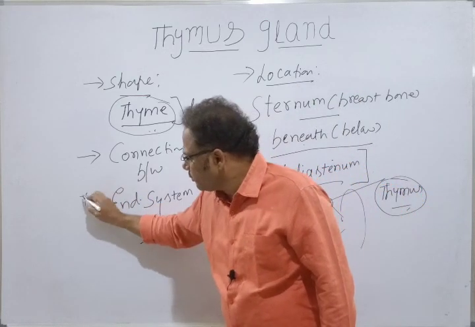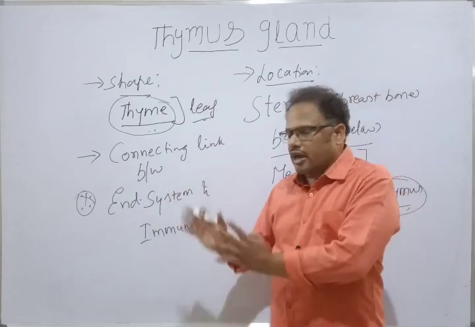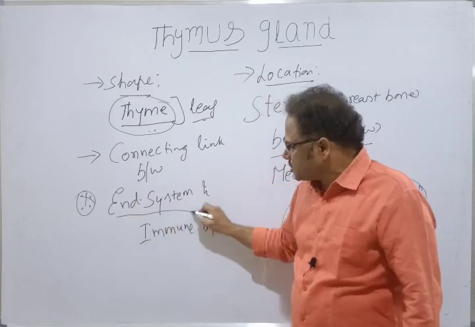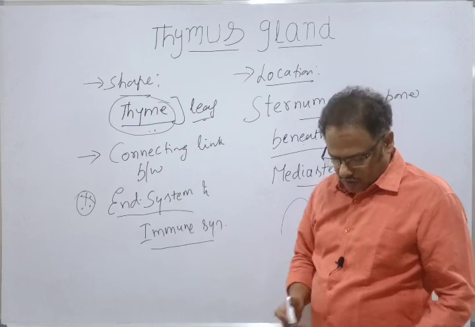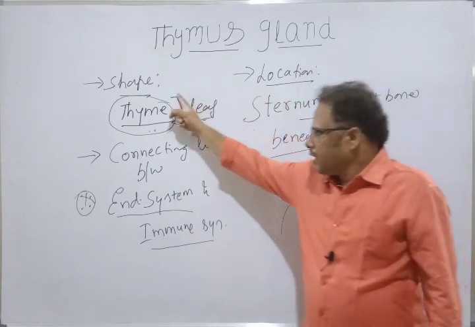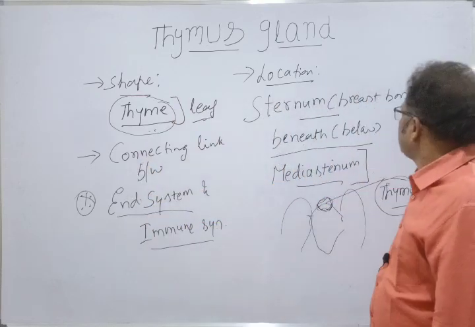It's an important point. It acts as a bridge-like structure between the endocrine system as well as the immune system. Why? We'll be discussing now. So, location, shape, and why it is called a connecting link. Let's discuss now. Clear, students?